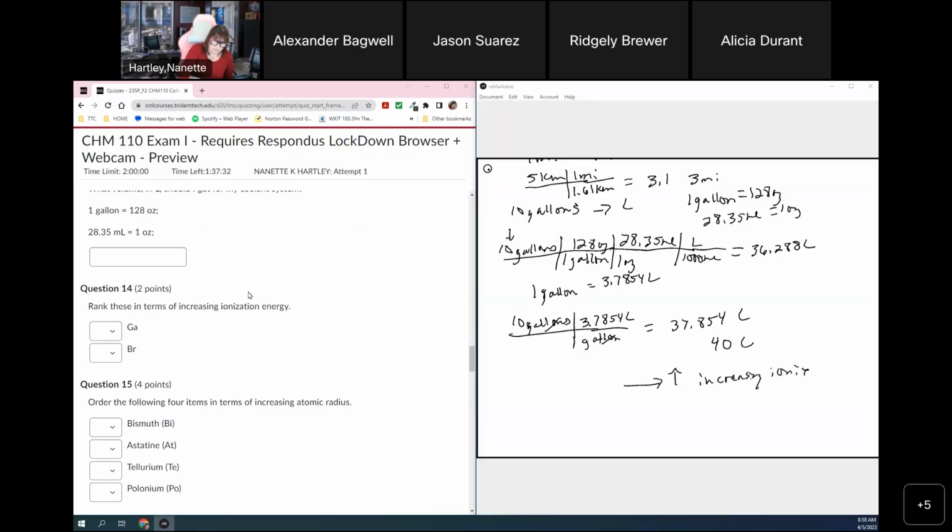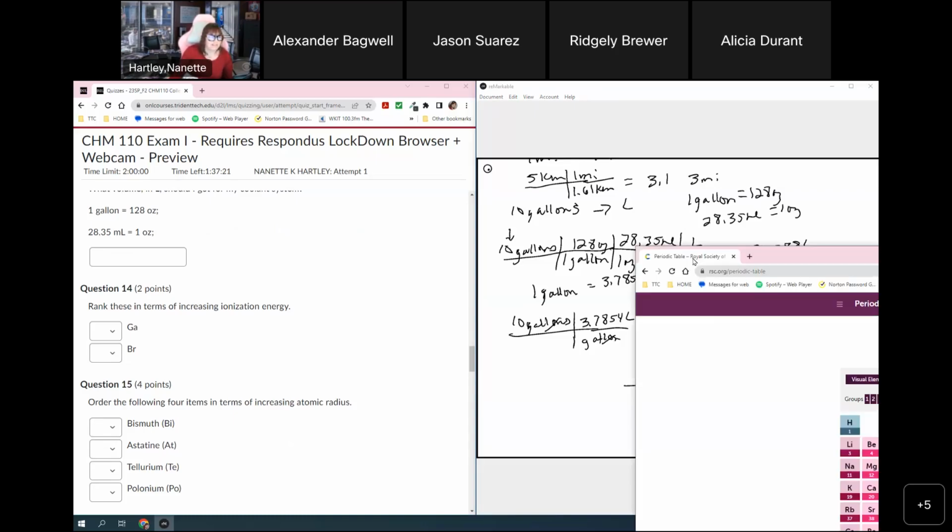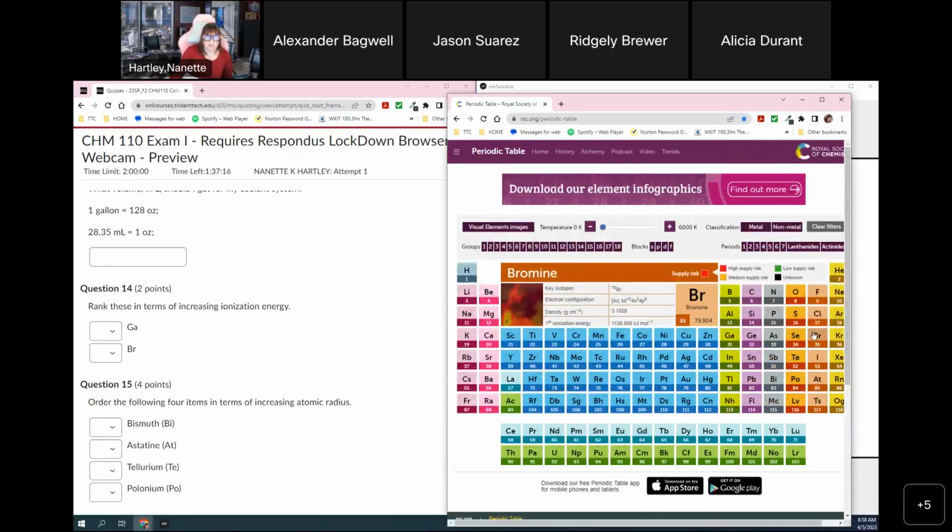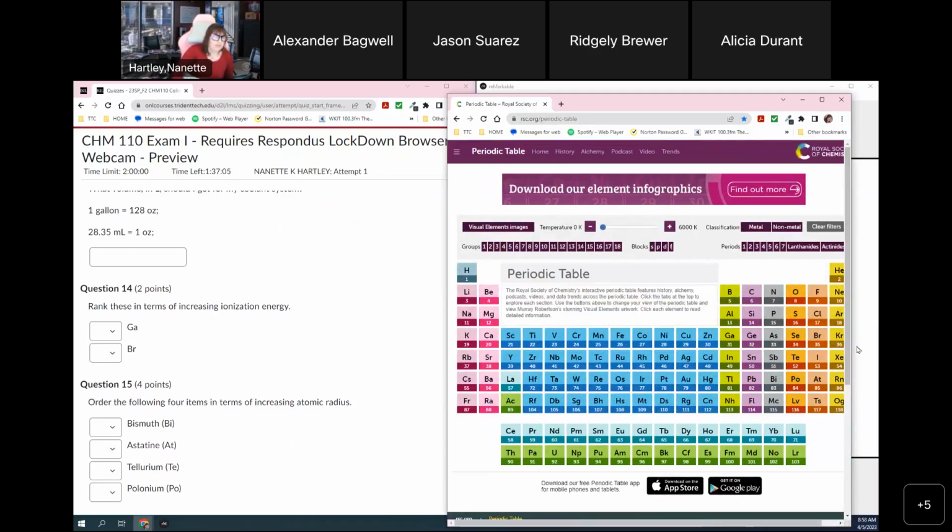And so if that is the case, and I look at my table, and I compare gallium and beryllium, I have Be over here, and gallium is right here. So gallium is therefore smaller than beryllium. So in terms of increasing, it's going to be gallium 1, beryllium 2.